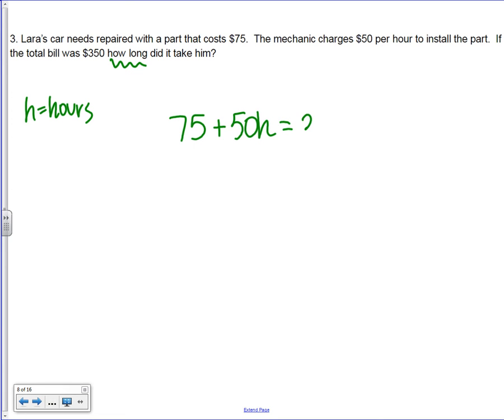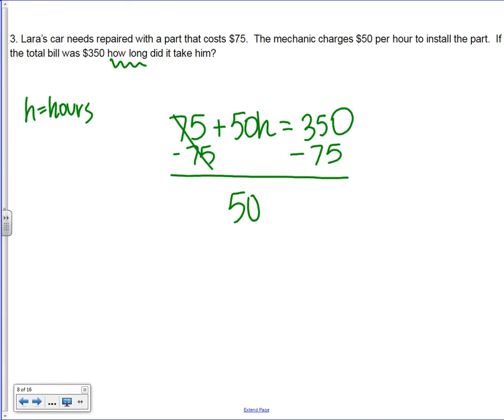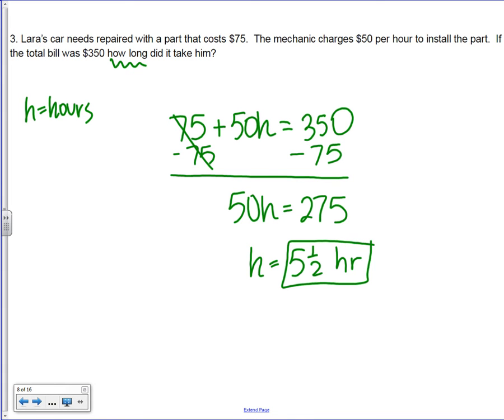And the total bill was $350. So let's solve. The H is 5 1/2 hours, or 5.5.